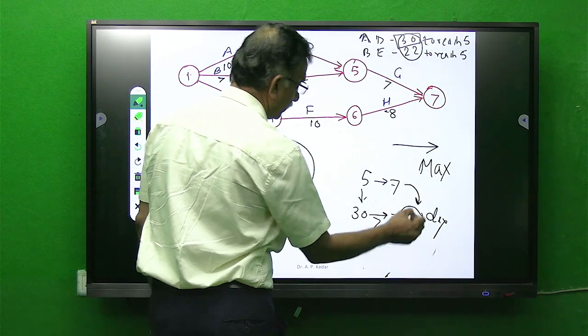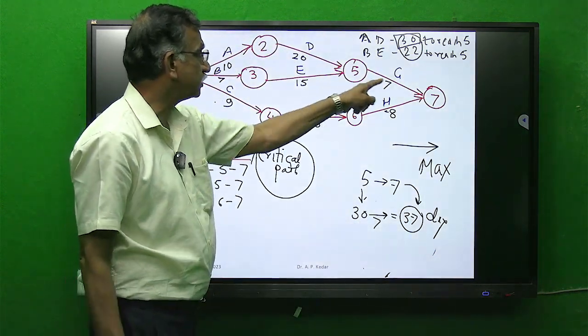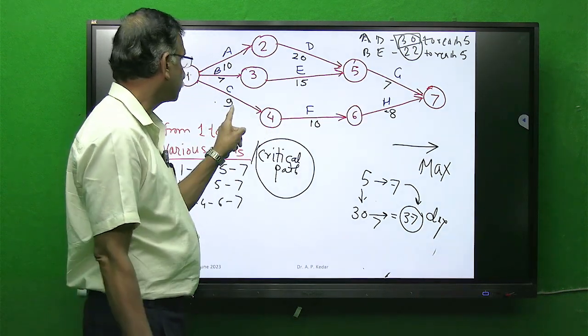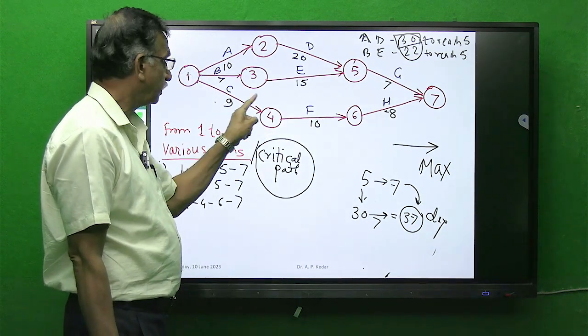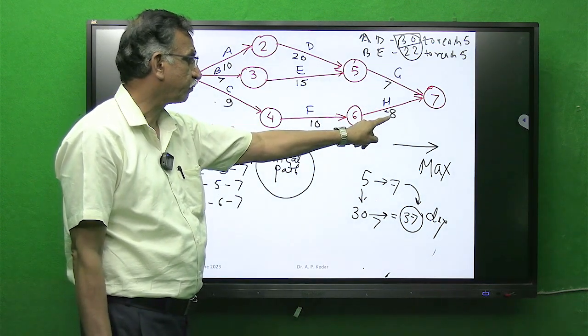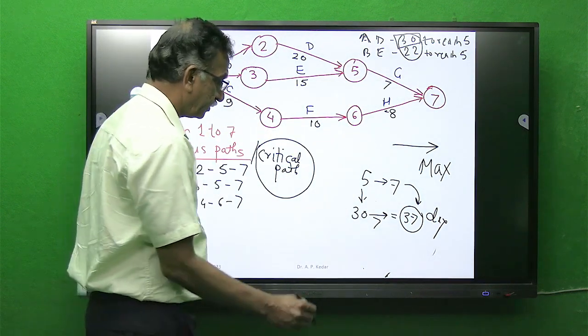to reach 7. If I consider this path, it is 9 plus 10, 19, 19 plus 8, 27.